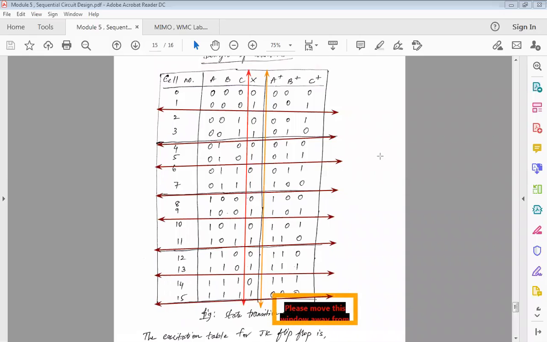Now that we have our separators, it's going to be easy for us to understand. Here also I'm going to check for 0 and 1 values for the values of 0.